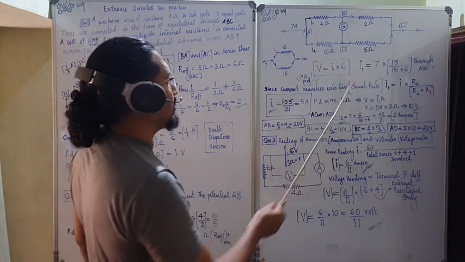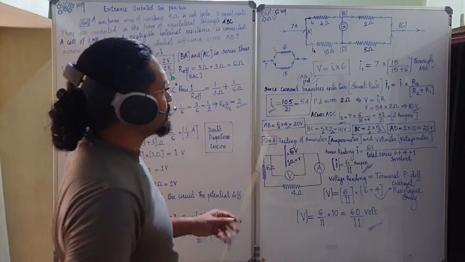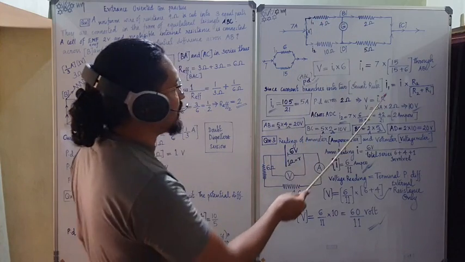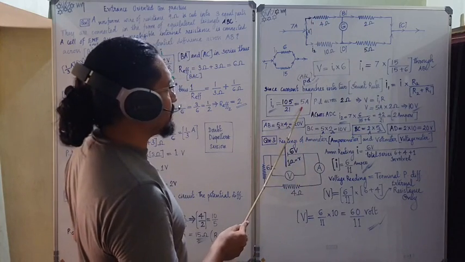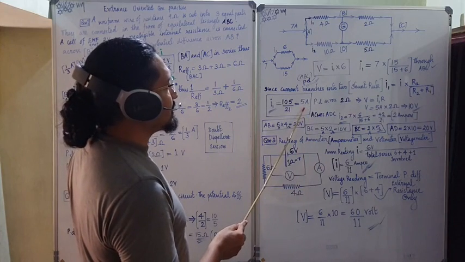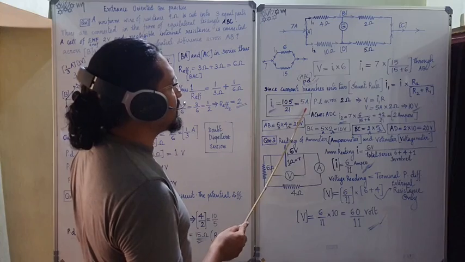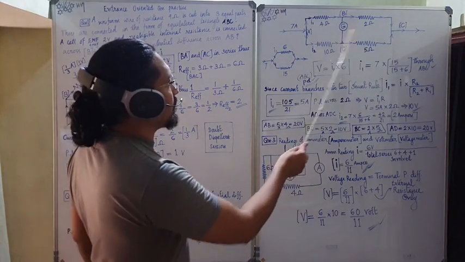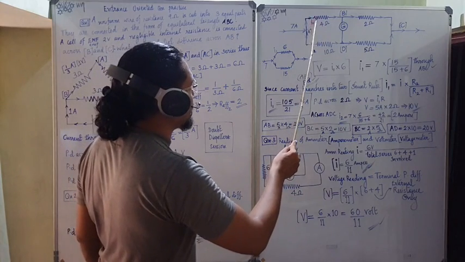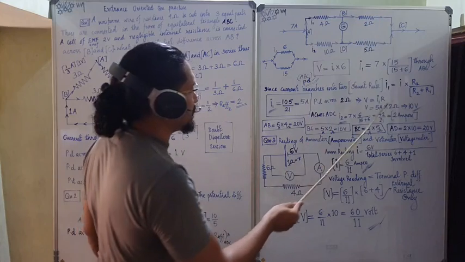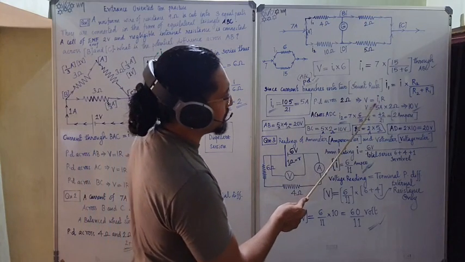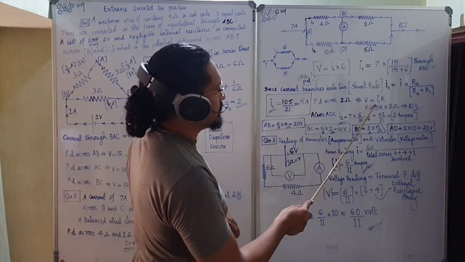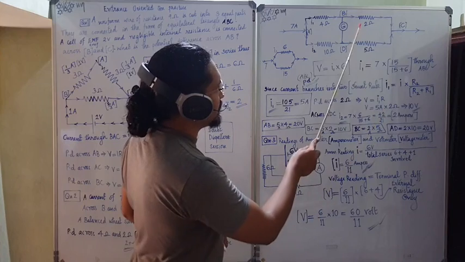Understand this very well. Then the potential difference across 2 ohm. Here I1 is passing through 4 ohm and 2 ohm also. So I1 we have found out to be 5 ampere. This I1 current, 5 ampere, is passing through the 2 ohm.